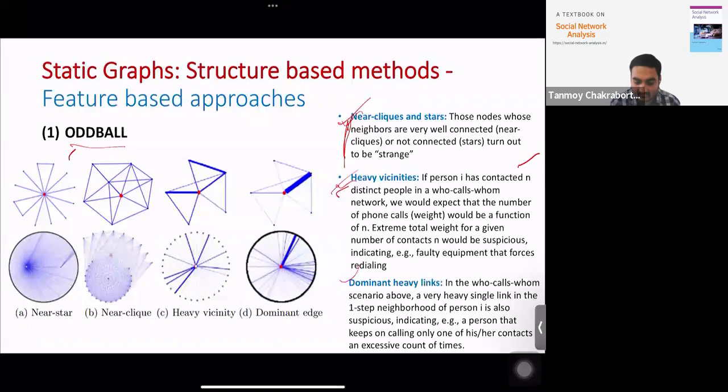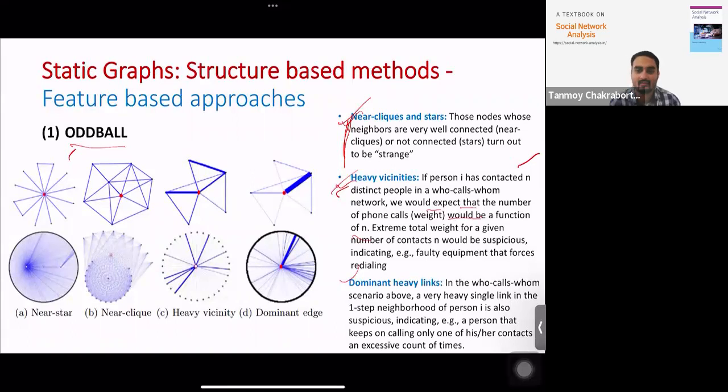What it is saying is that if person i has contacted n distinct people in a who-calls-whom network, we would expect that the number of phone calls for a particular pair of nodes, which would be the weight of the edge, would be a function of n, right?